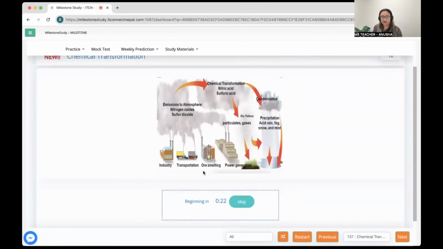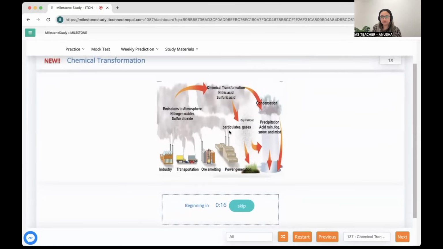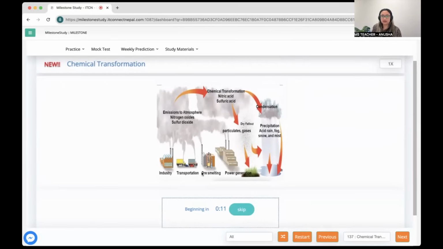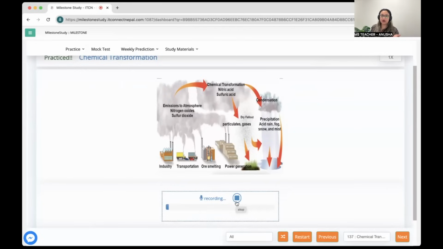Okay, this is complicated. Okay, so this is about how acid rain or fog or snow and mist occurs. This picture demonstrates how industry, transportation, ore smelting, and power generation can change different types of gases into precipitation.